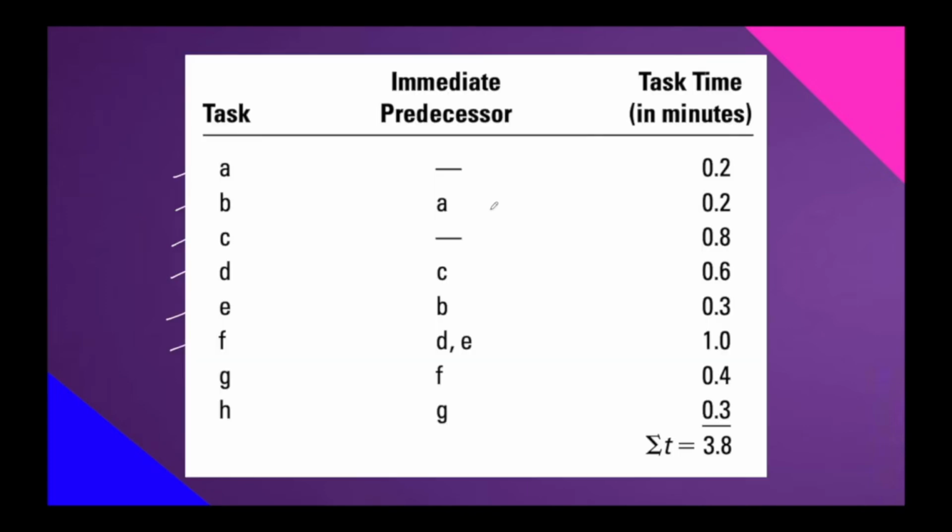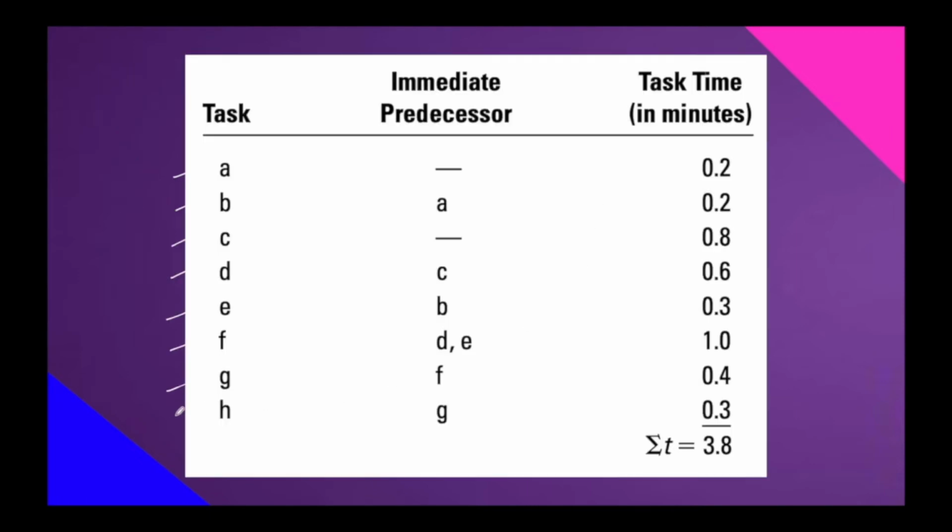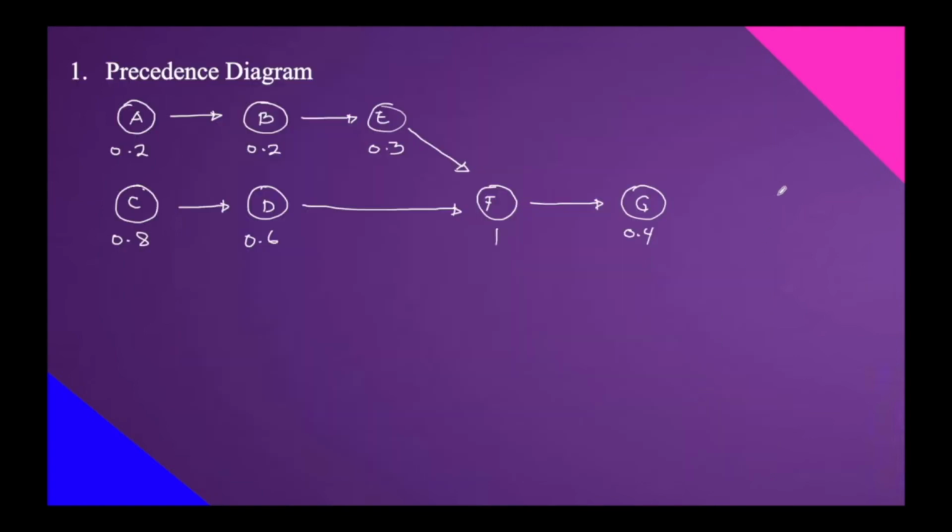Next. Letter G, predecessor is F, 0.4. So, let's have it here. G, 0.4. And next we have H. Predecessor niya is si G with 0.3 task time. So, H, 0.3. Okay, so here's now our precedence diagram.